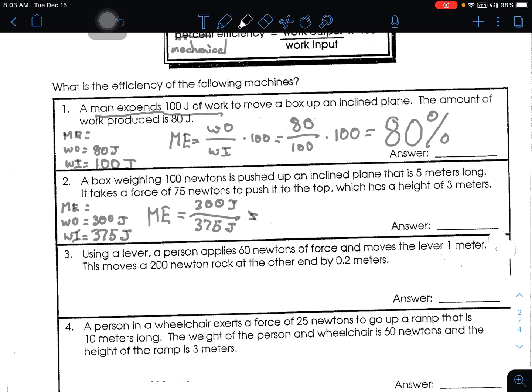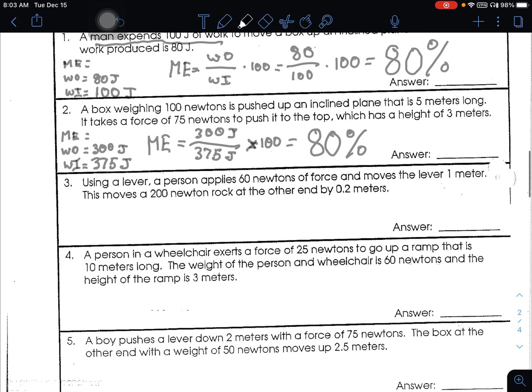And that's times 100. I forgot about the times 100 part. Sorry, I'm getting sloppy here, which is equal to, once again, machine is also 80% efficient. Okay, hope that makes sense.